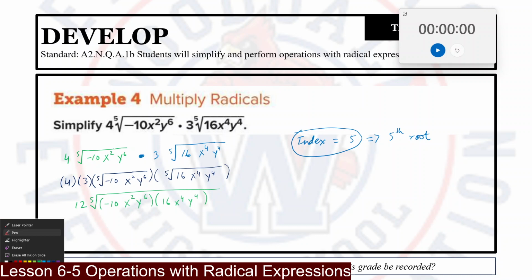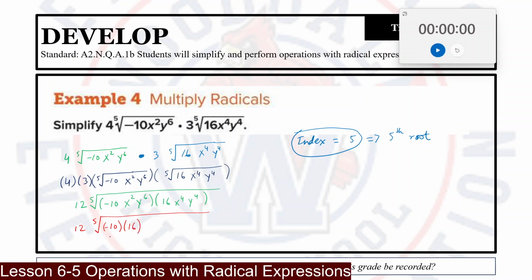So what do I get? I get 12 on the outside, and on the inside the fifth root of negative 10 multiplied by 16. I'm going to multiply the number to the number. Then we have x squared multiplied by x to the fourth, and then y to the sixth multiplied by y to the fourth.